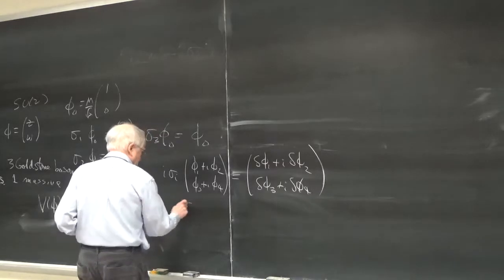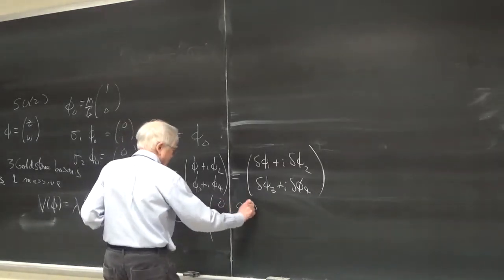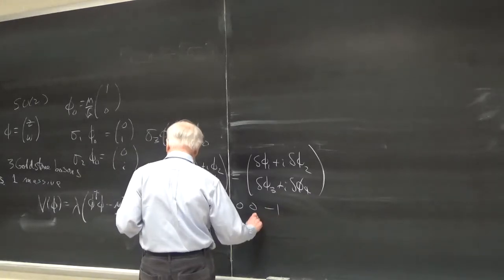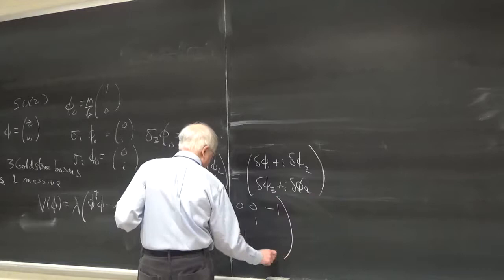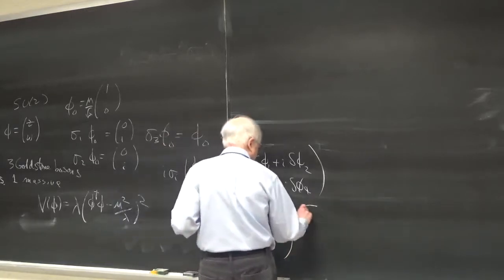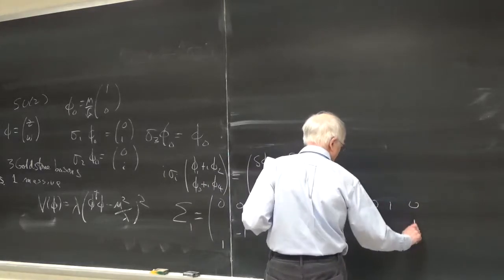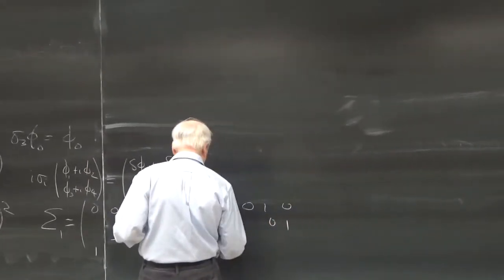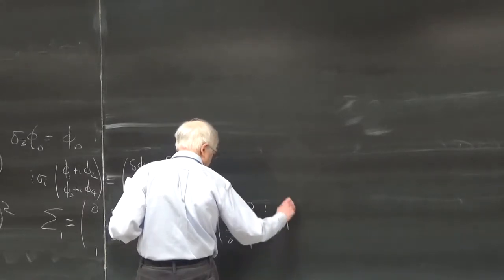It turns out sigma 1 is 0, 0, minus 1, 1, minus 1, 1, with everything else being 0. Sigma 2 is 0, 0, 1, 0, 1, 0, and then down here 0, minus 1, 0, 0, minus 1.